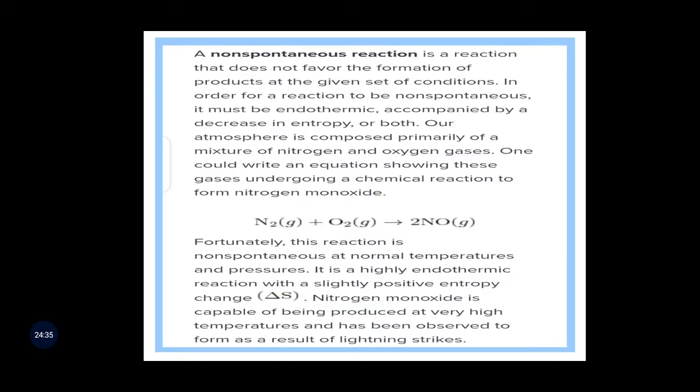Now the other one, when we talk of a non-spontaneous reaction, a non-spontaneous reaction is a reaction that does not favor the formation of product at a given set of conditions, just the opposite of a spontaneous reaction.